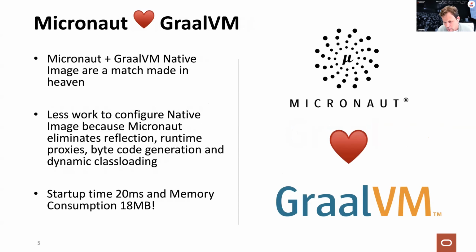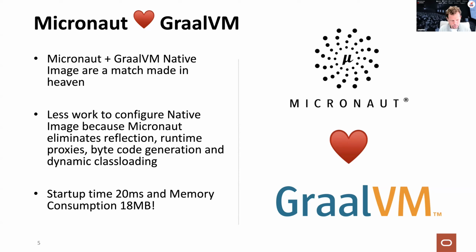Like I said, Micronaut has a great relationship with GraalVM in that the closed world static analysis that GraalVM has to perform to produce a native binary is a lot easier for GraalVM to do with Micronaut because of the way it eliminates reflection and runtime proxies. There's no bytecode generation, no use of bytecode generation libraries at runtime. Everything is statically loaded.